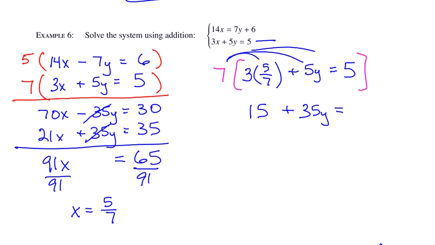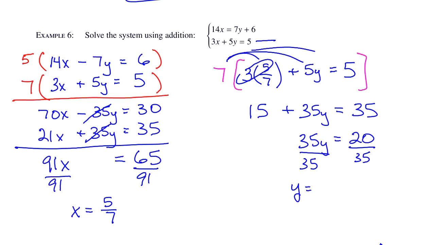So we get 15, that's the 3 and the 5, plus 35y equals 35. Move the 15 over, you get 20. Divide both sides by 35, and we get y equals 4/7. So this gives me the solution 5/7, 4/7.